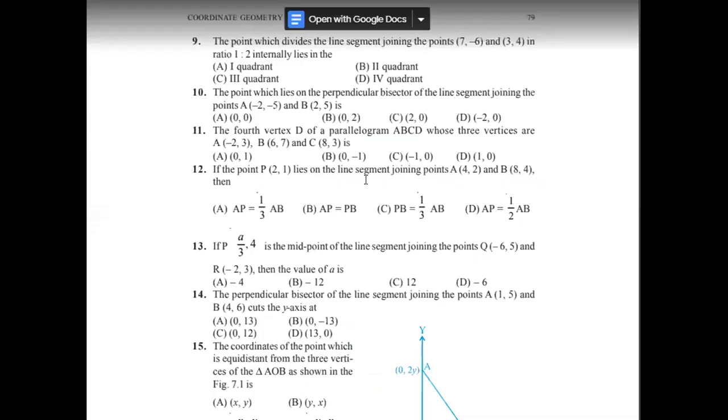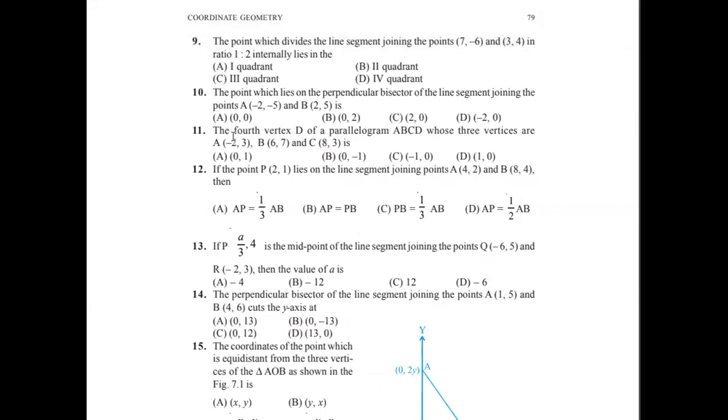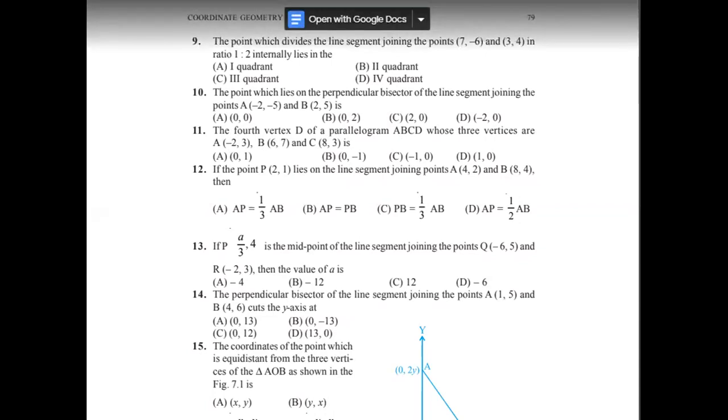Three of the points are being given to us: 2 comma minus 2, 3 comma 6, 7 comma minus 2, 3, 6 comma 7, and 8 comma 3 respectively. These are the 3 points being given to us, and the fourth one is being asked.